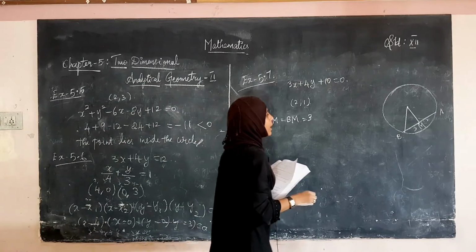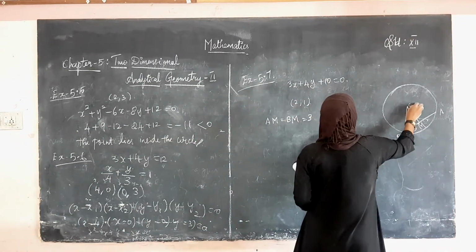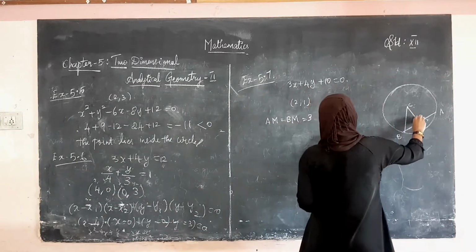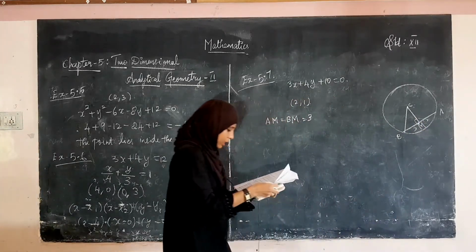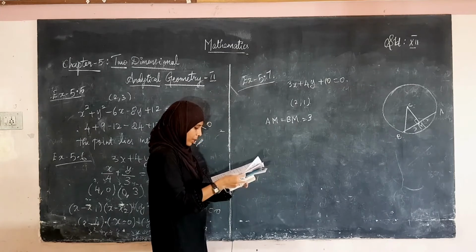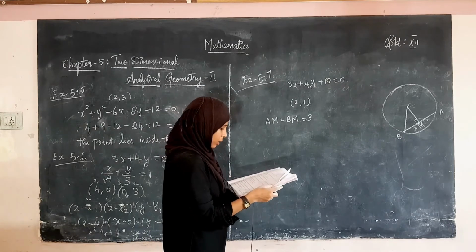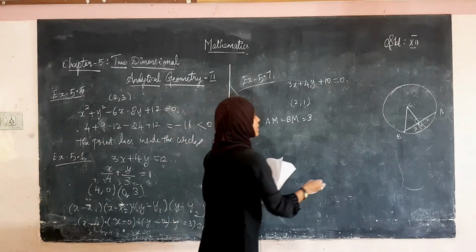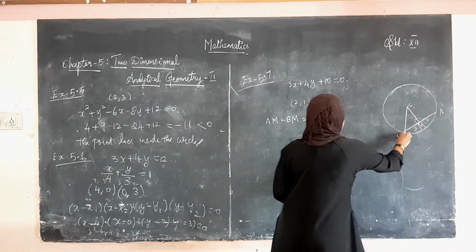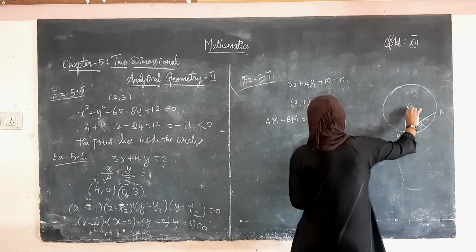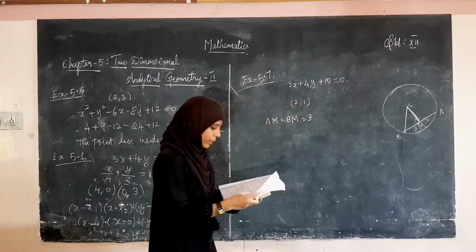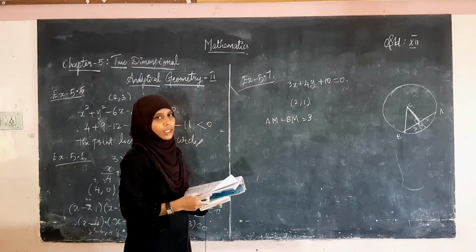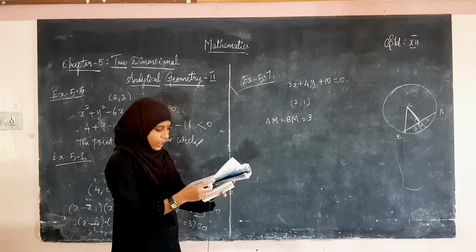Now we have BCM as a right angle triangle. So this is 3. From this we can find the radius. This is the radius. But we have to find the radius, then only we can find the equation of the circle.